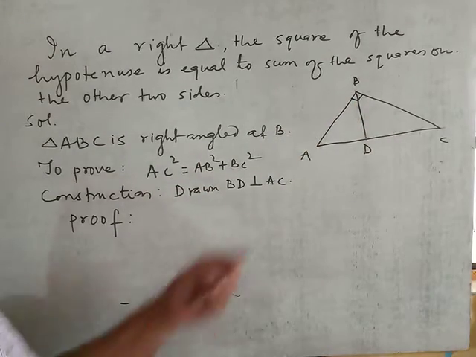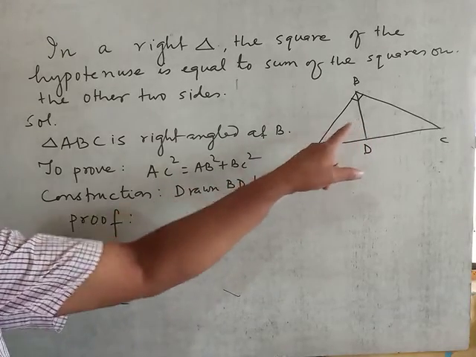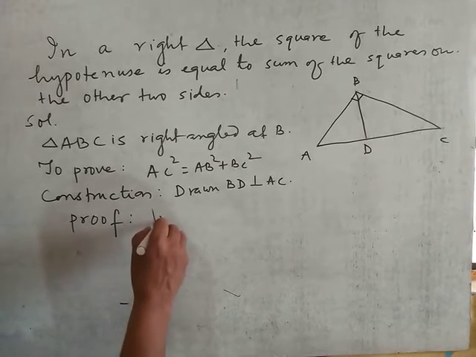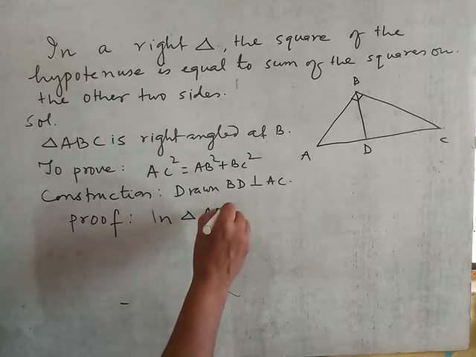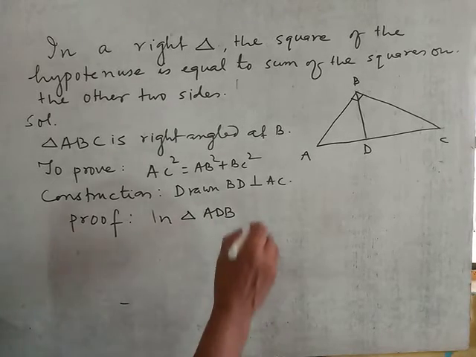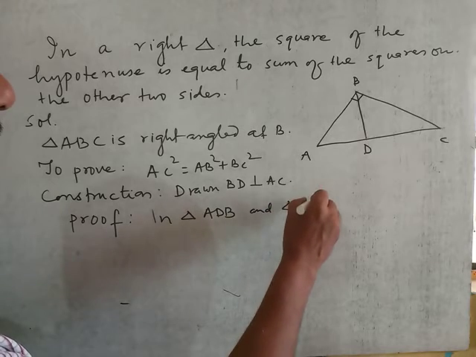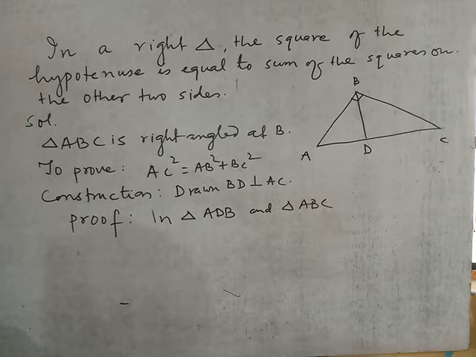Okay, these two triangles, the small ones, will be compared to the bigger triangle ABC. Is that correct? So in triangle ADB, I am taking ADB, and triangle ABC.